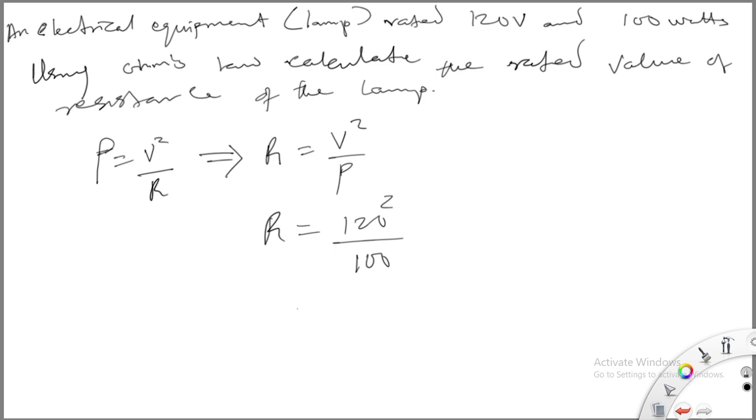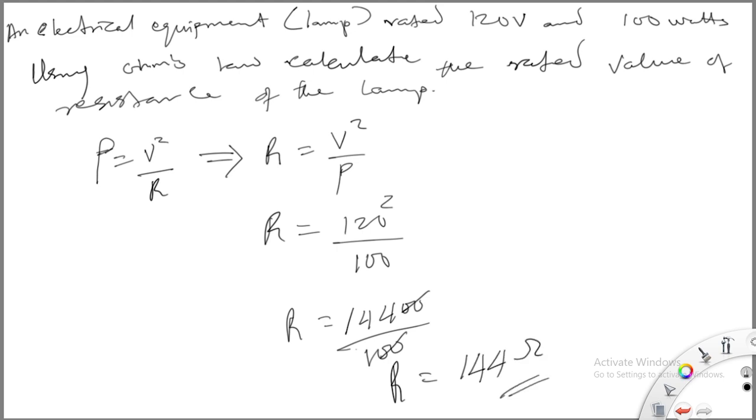So R now will be equal to 14400 all over 100, where this and this will go, and R is now equal to 144 ohms. So this will be the rated resistance value of this particular lamp. So I hope you understand what I did there.